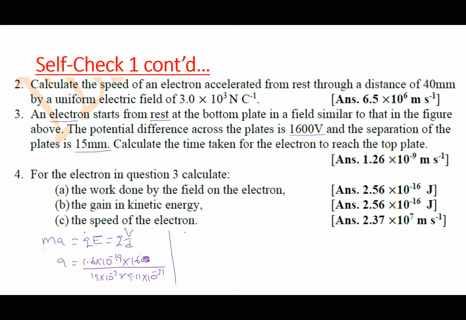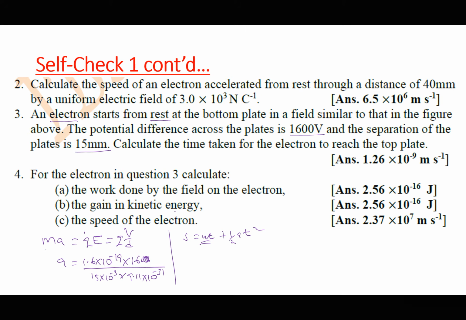Now it starts from rest. I will use an expression which has displacement. So I'll use S is equal to UT plus a half AT squared. This part will be 0 because it starts from rest.